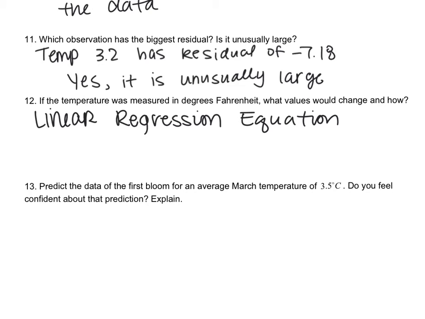So a temperature of 0 in degrees Celsius is not the same thing as a 0 in degrees Fahrenheit. So then our interpretation of the x and y-intercept are also going to change. So the lowest temperature for the cherry tree to bloom in March is going to be different in degrees Fahrenheit.